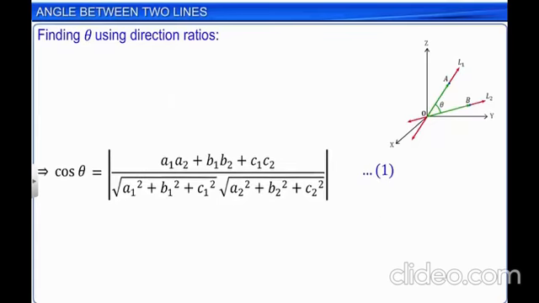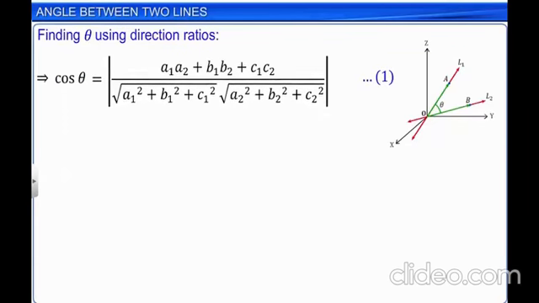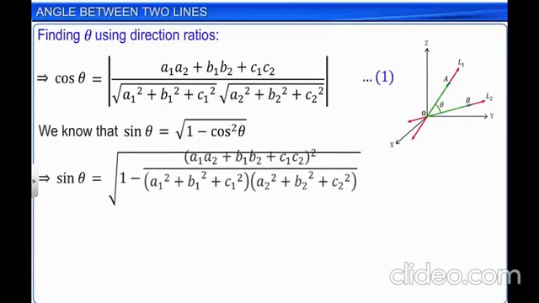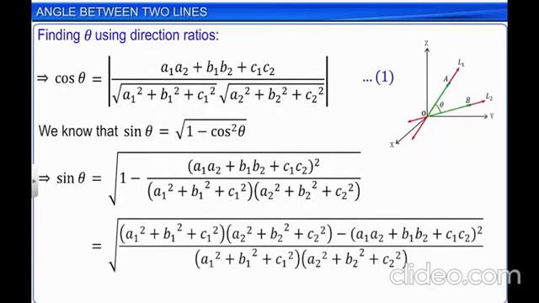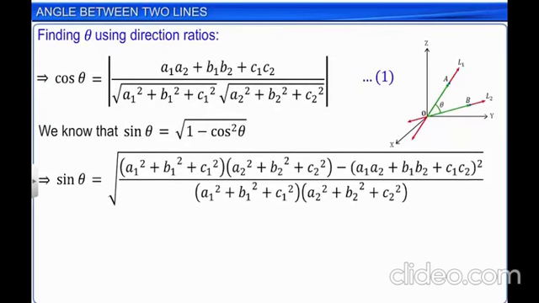From trigonometric identities, we know that sine theta is equal to under root of 1 minus cos square theta. On simplifying, we get the expression for the sine of angle theta between lines L1 and L2. Let this be equation 2.